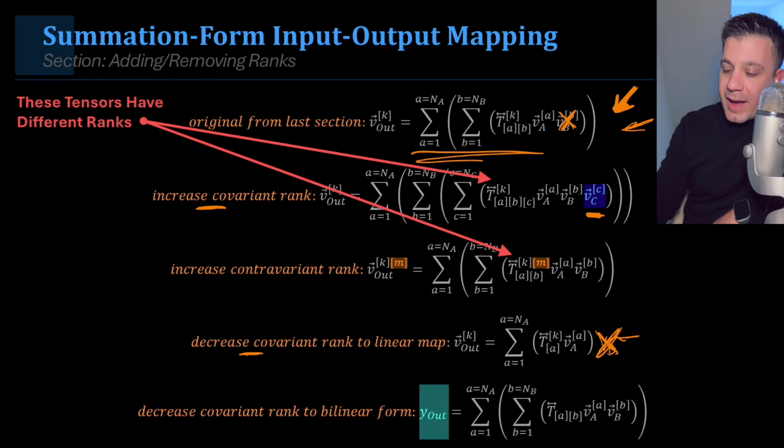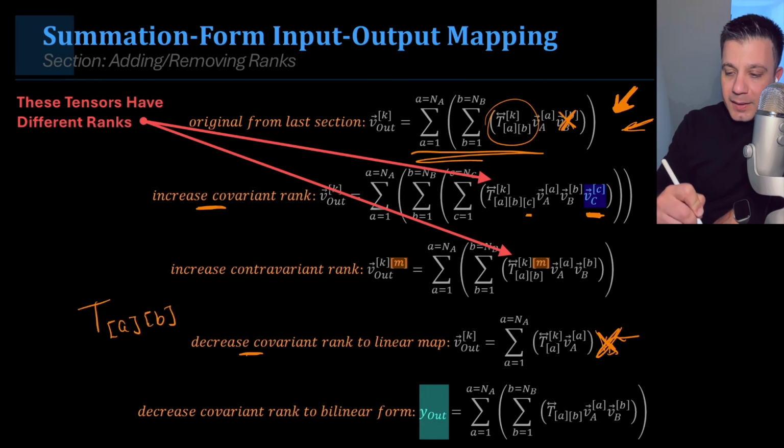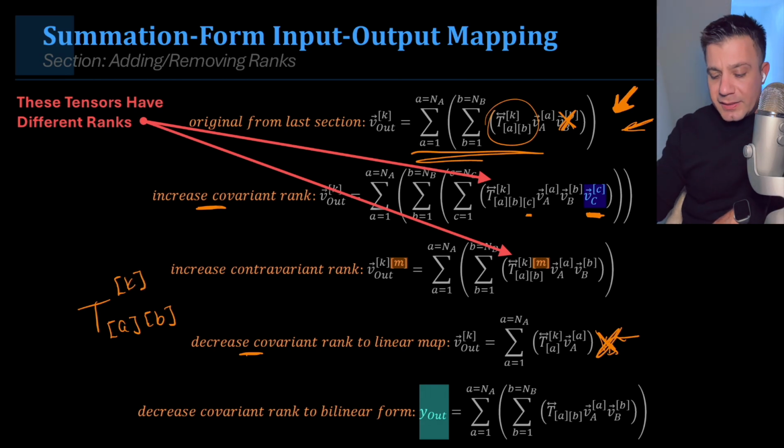We also have a change in the number of indices required to locate a value within the tensor. So we started off with this, T, A, B, K, right? It was rank 3, and so we needed 3 indices.